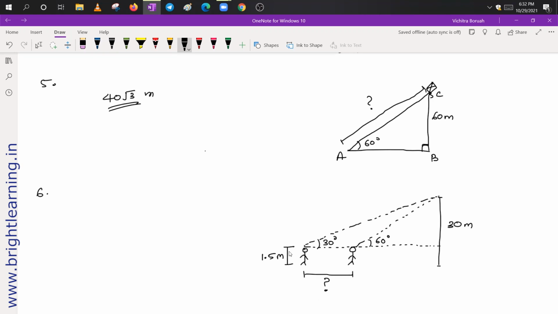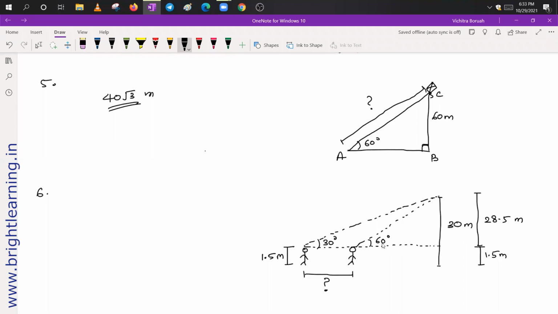Now, since the height of this boy is 1.5 meters and the height of this tall building is 30 meters, this much height will be 1.5, and this much will be 28.5 meters.